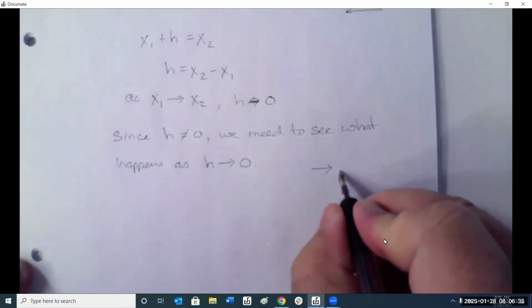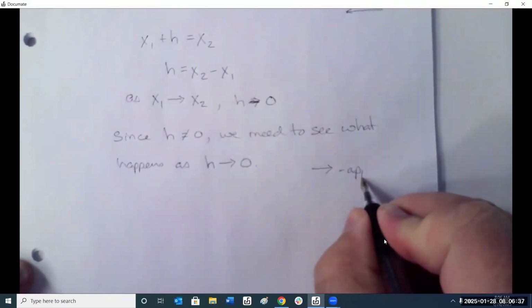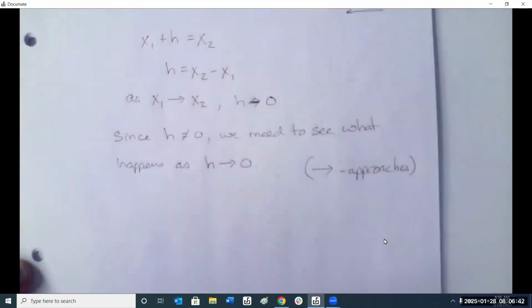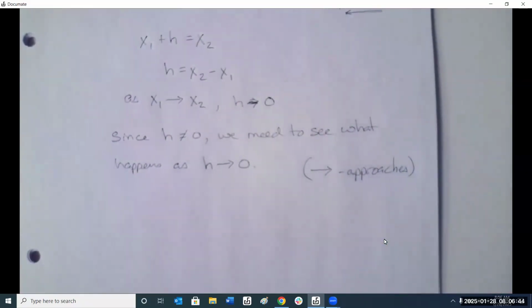This symbol means approaches or gets closer to. The arrow represents gets closer to.